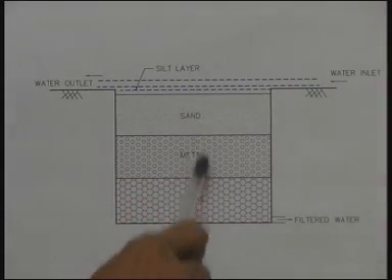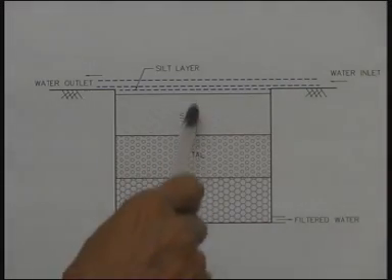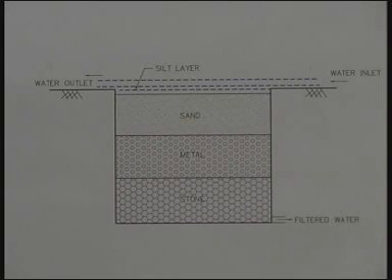Still, the amount of infiltration that can take place in the sandy bed is of the order of about 2 liters per second in a trench having 5 meters length.